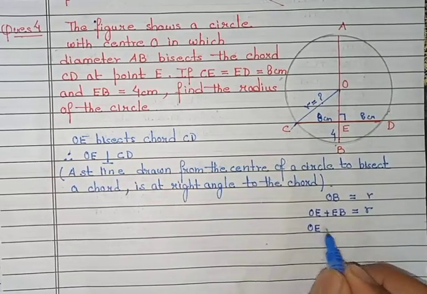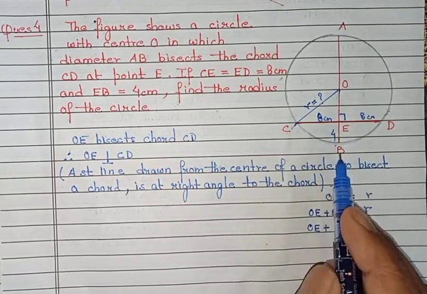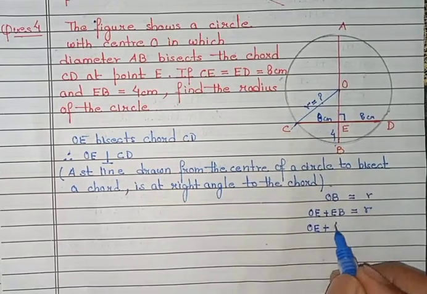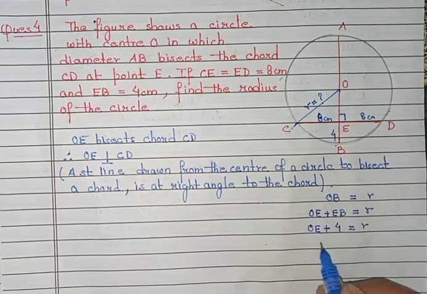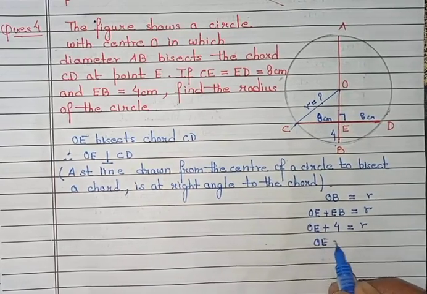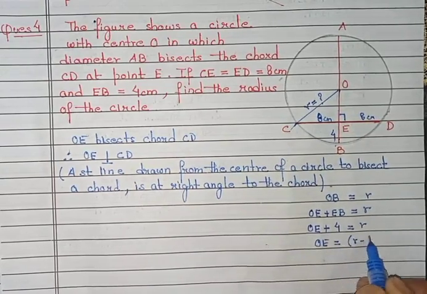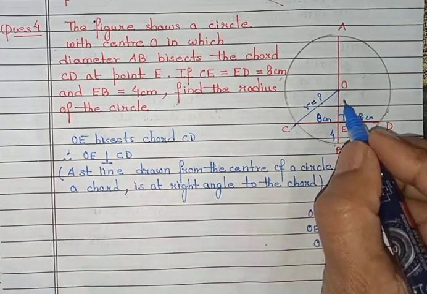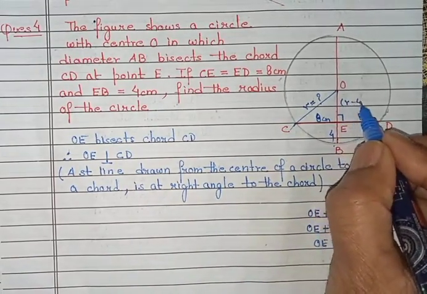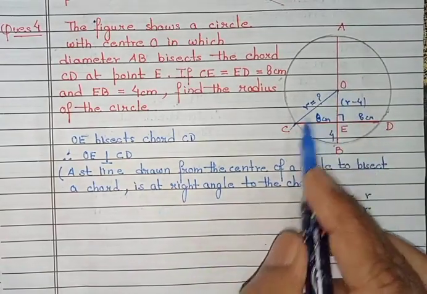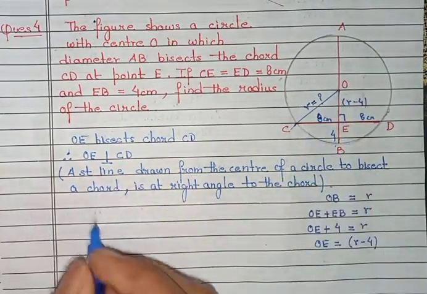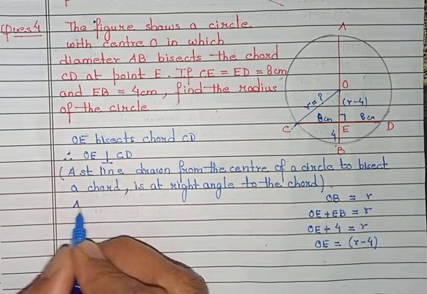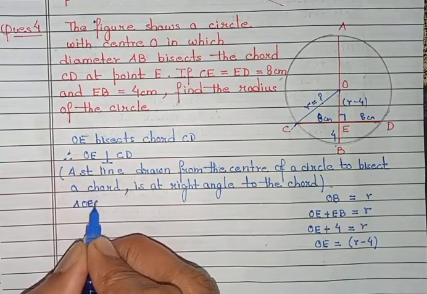Now EB is known to you as 4. So from here you have got OE as R minus 4. OE is R minus 4. So we can write OE as R minus 4. Now let us solve this right angle triangle OEC. Triangle OEC.